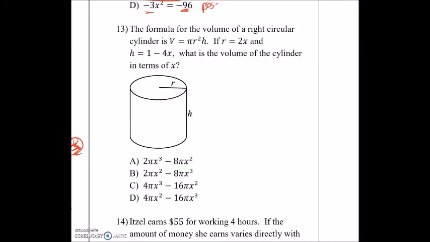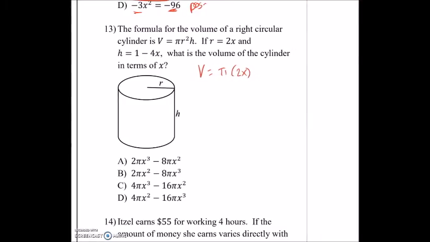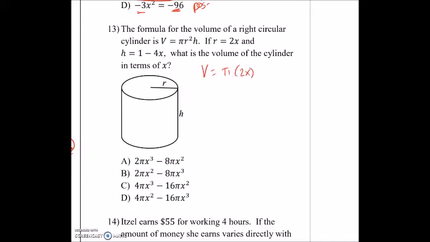Looking at the next problem, since the formula is V equals pi, now they tell us the radius is 2x, and they're telling us that the radius is squared times the h, which is 1 minus 4x. So when we do this, 2x squared actually becomes 4x squared, because 2 times 2 and x squared is just that.